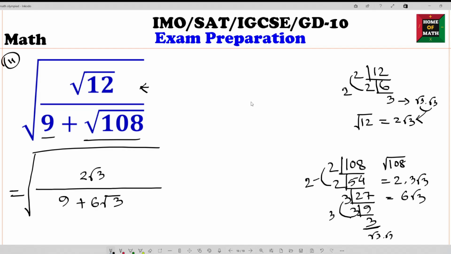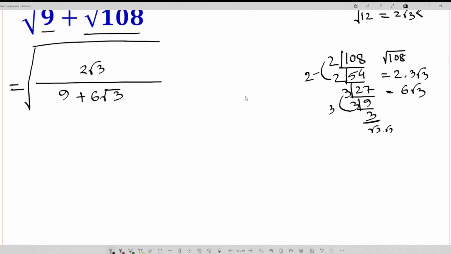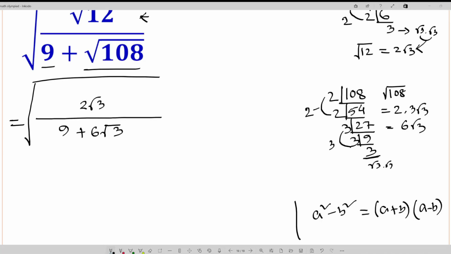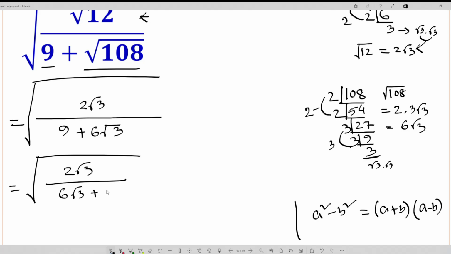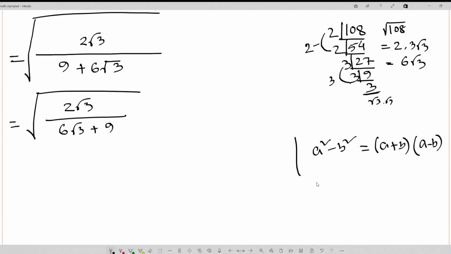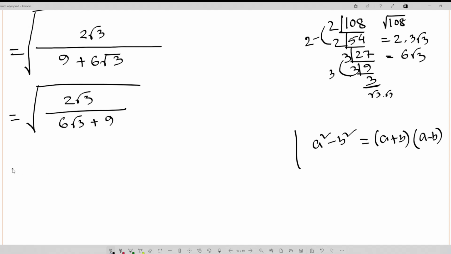Okay. Now look, we will not keep any root in the denominator, therefore we can write like this. Now here we have to maintain some tricks, like here is a root, then 2 root 3, so this one we can write 6 root 3 plus 9. Why, we will discuss later.